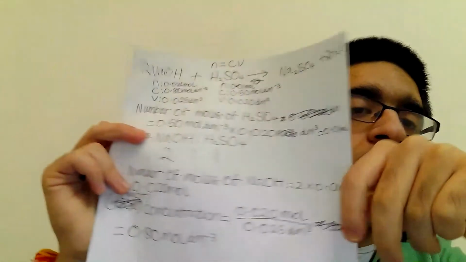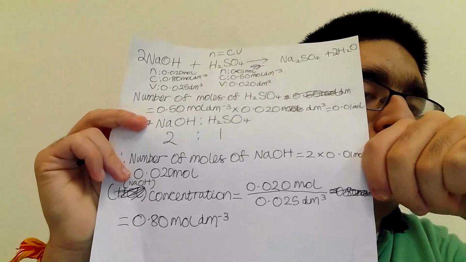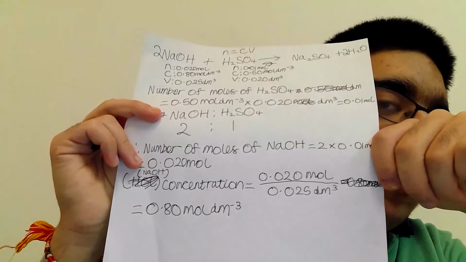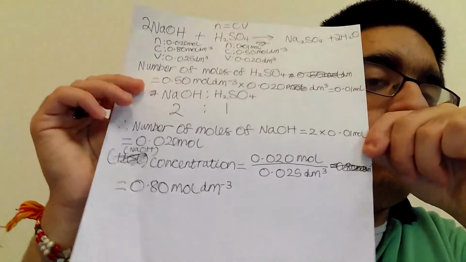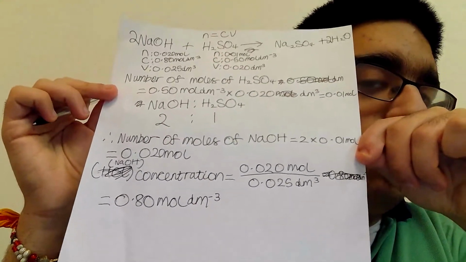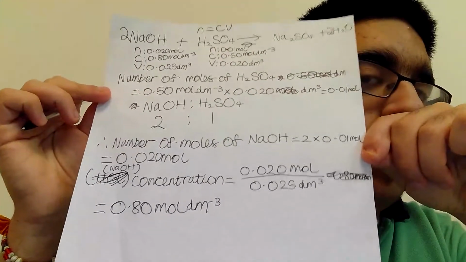I was already given the volume in the question, and I just used concentration equals number of moles over volume to get the concentration of sodium hydroxide. I got 0.80 moles per decimeter cubed.